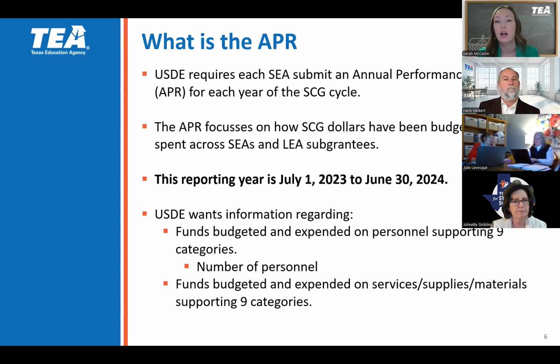I will note this grant did not even start until November 16th of 2023. USDE chooses these reporting periods, not us. So just be mindful that there's no world in which you should have any funds budgeted or spent between July 1 and November 16th. So theoretically, you could think of this reporting period as November 16th, 2023 to June 30th, 2024.